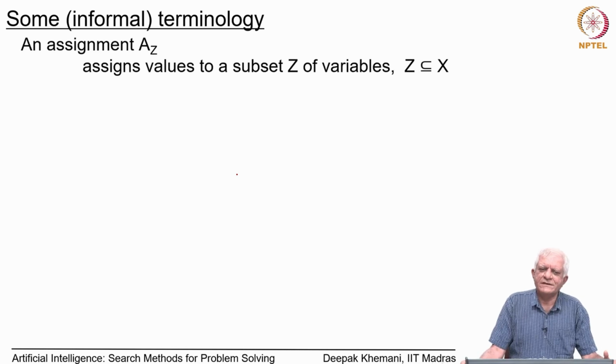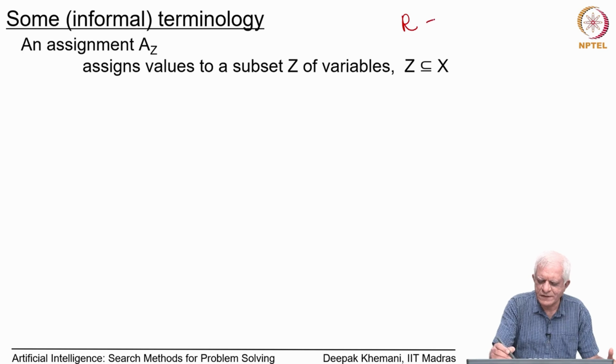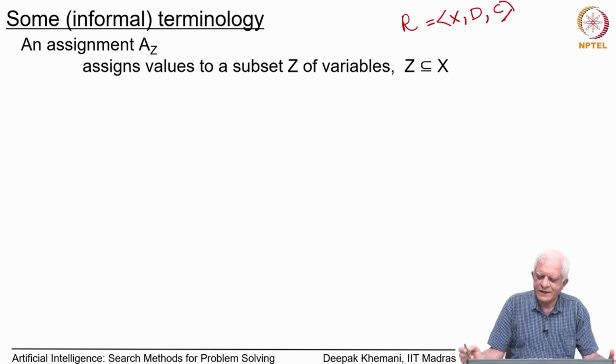Now, remember that the task of constraint satisfaction problem is, so what is a constraint satisfaction problem? You have a network which is made up of a set of variables X, a set of domains D and a set of constraints C. And for every variable in X, there is a corresponding domain in D, and the constraints are over some subset of the variables essentially.